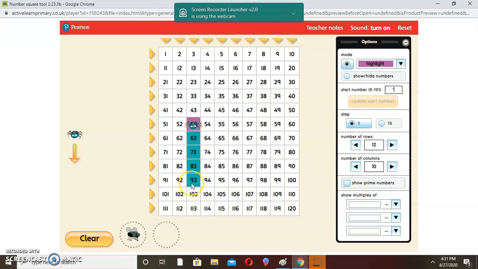So 93, then we have 1, 2, 3, 4, 5, 6, 7. Those are 7, which means 47. So it was 53, and this spider will move from 53 up to 93.